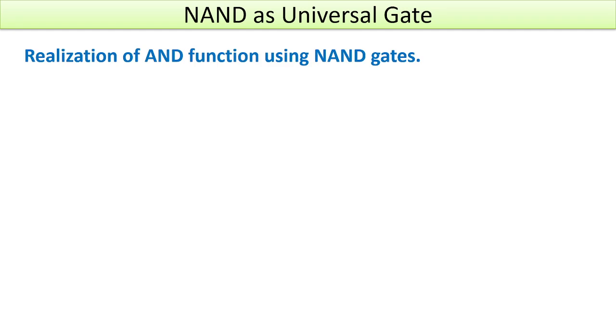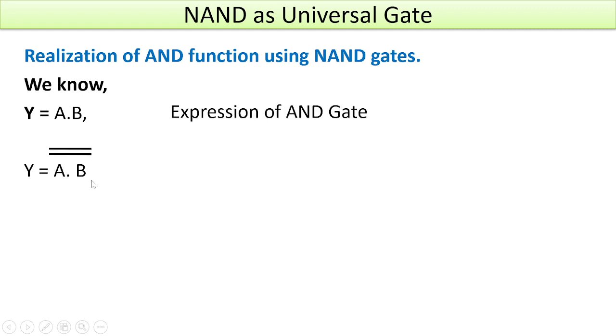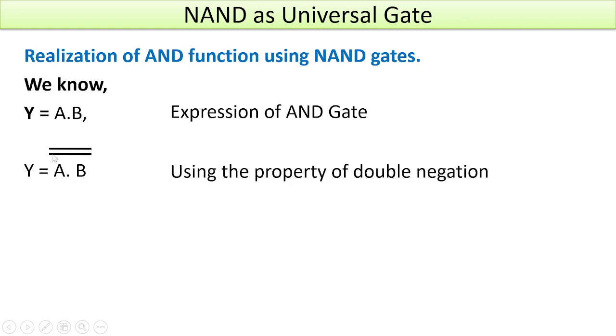Now similarly, let's go for the next one and try to realize the AND function using NAND logic gates. We know the expression for AND is y equal to A and B. Now we can use a double negation, and using the double negation property, it is the same. We can implement this using 2 NAND gates.